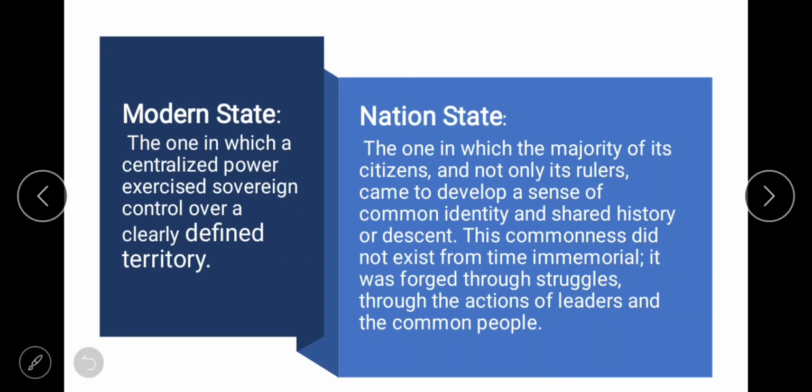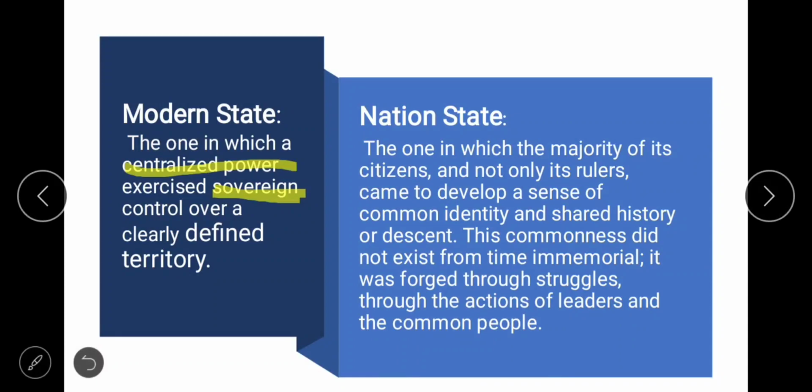A modern state is one in which a centralized power exercised sovereign control. The power is centralized within one hand or a group of people. And what does sovereignty mean? Sovereignty means the power to rule. So a modern state is one in which a centralized power exercised sovereign control over a clearly defined territory.